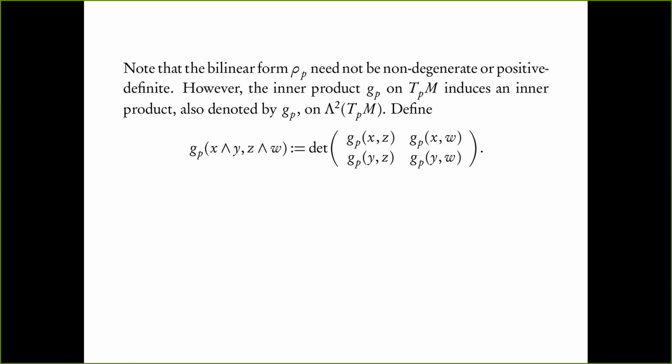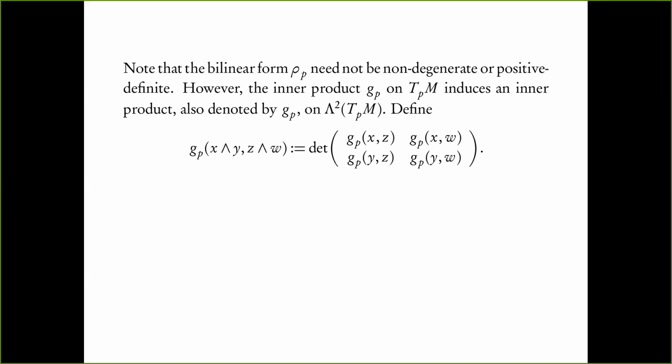Why is it symmetric? Is it clear that this is symmetric? Meaning if I switch Z wedge W with X wedge Y, is the determinant unchanged? Yes, because g is symmetric. But is that the only reason, or is the matrix the same?